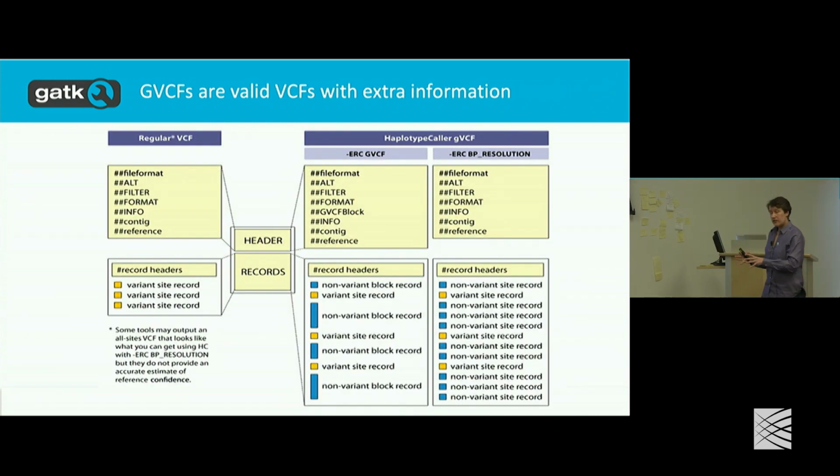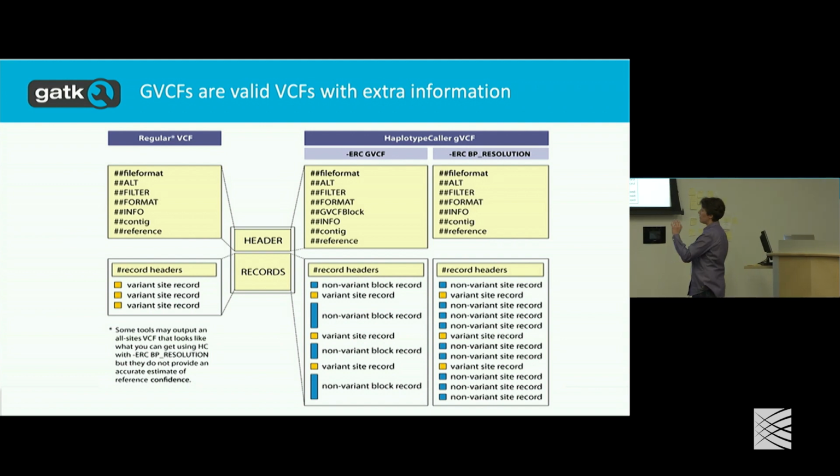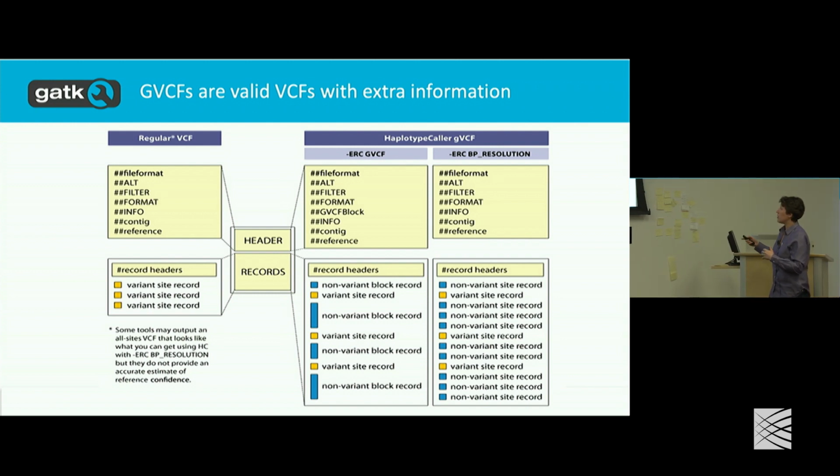Like I said, they are VCF files. They follow the VCF specification. You have on the left a regular VCF with the classic header and then the records. And every record in your regular VCF is a variant site record. And haplotype caller GVCFs come in two flavors.